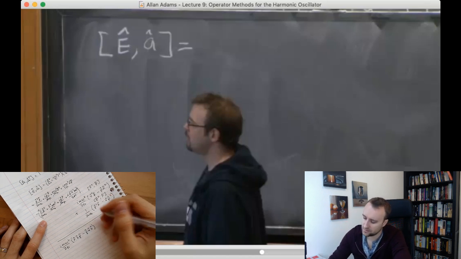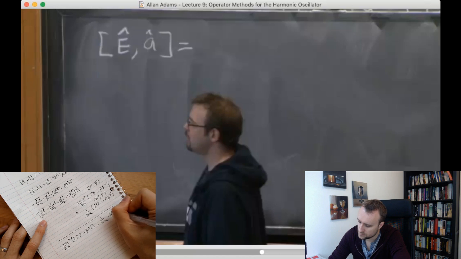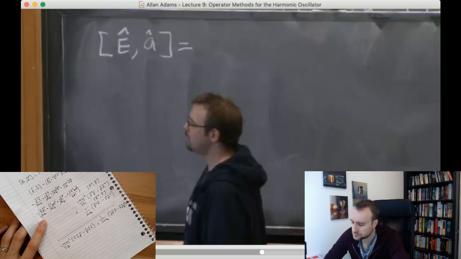I think I'm missing some kind of trick. Because this is the commutator, but I think these simplify somewhat, but I'm not quite sure how.